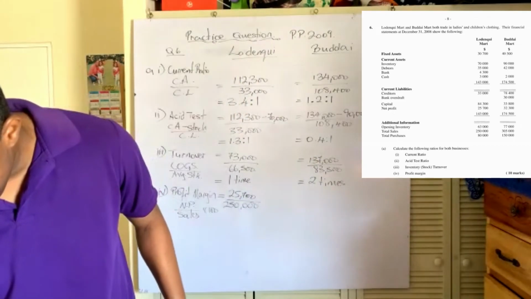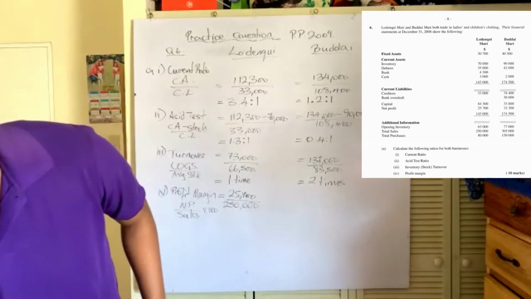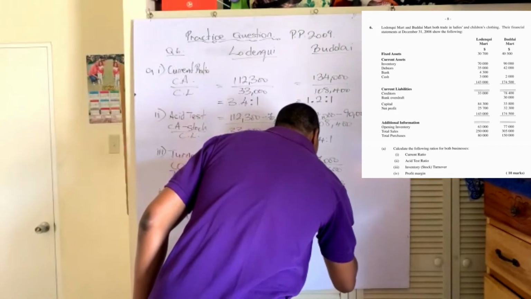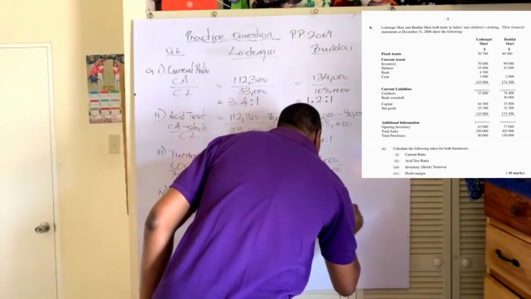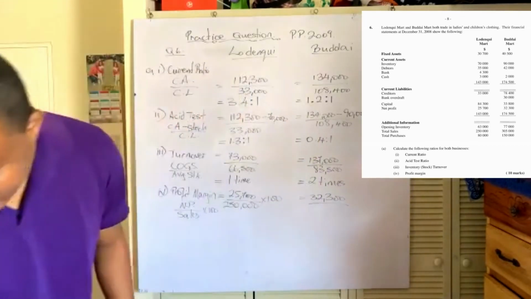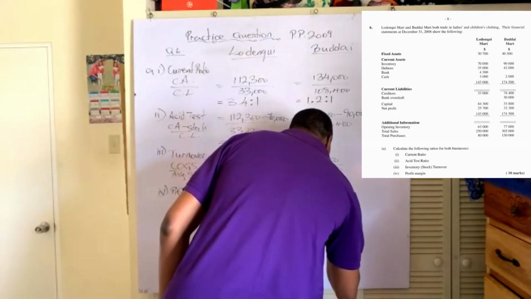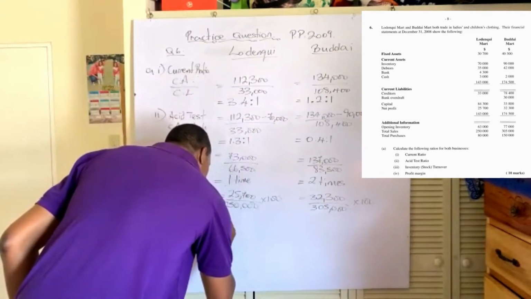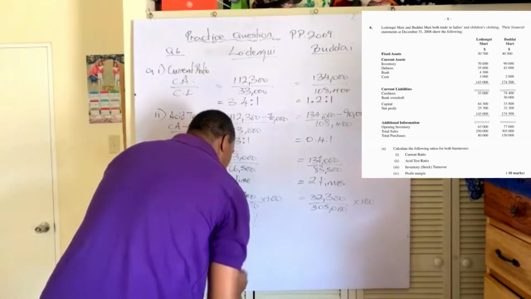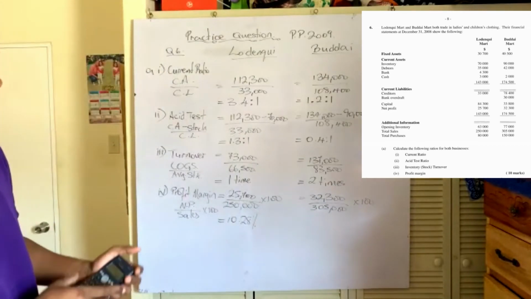For Budai, net profit is 32,300 divided by sales of 305,000. So for Lodenki, that's 10.28%.